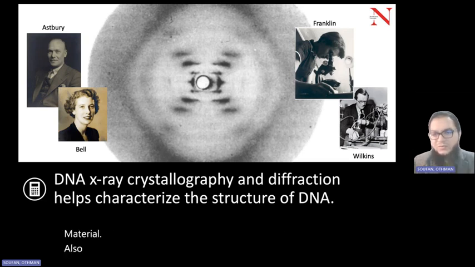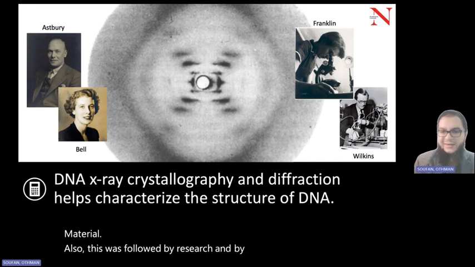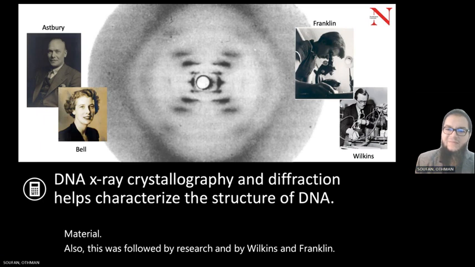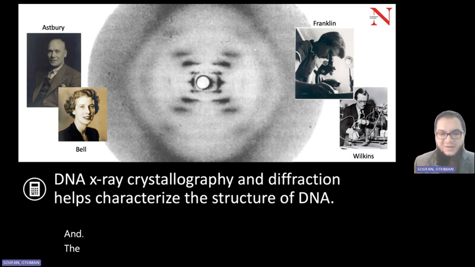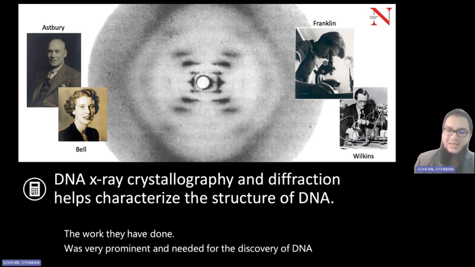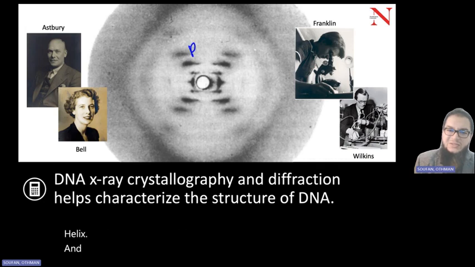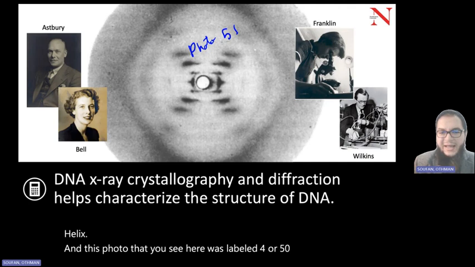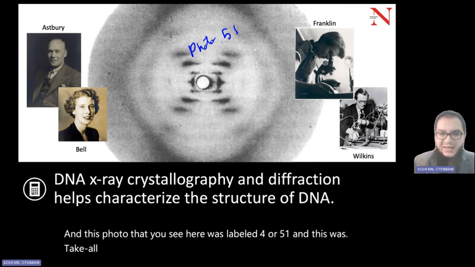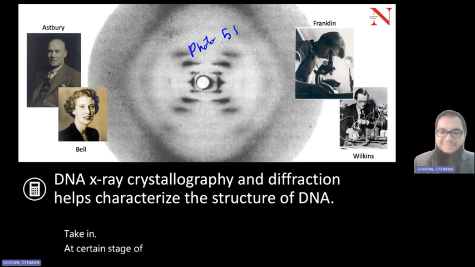Also, this was followed by research by Wilkins and Franklin. The work they have done was very prominent and needed for the discovery of the DNA double helix. This photo that you see here was labeled photo 51, and this was taken at a certain stage of the DNA.